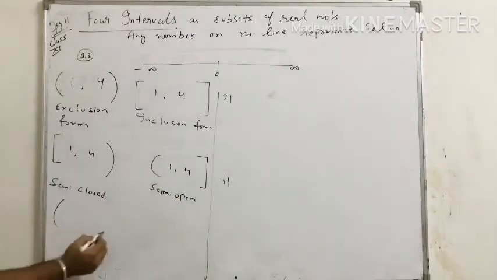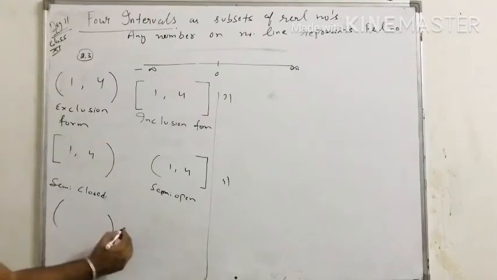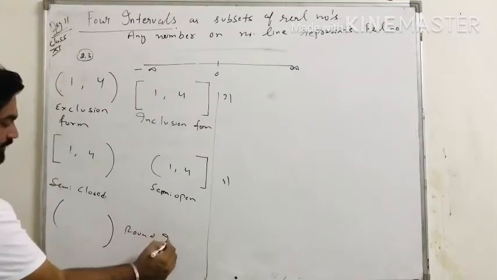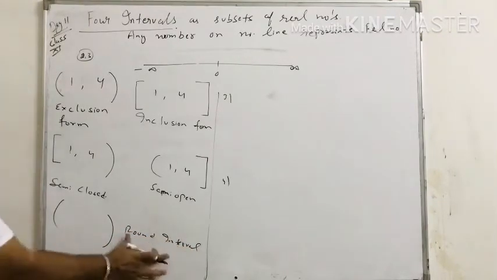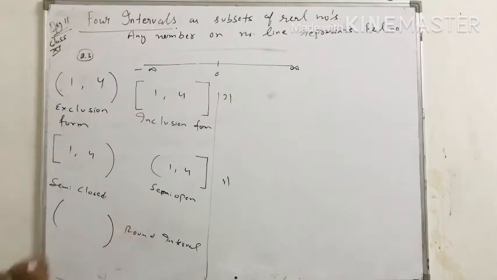So whenever there is a round interval, use this round interval whenever the sign is less than or greater than. And whenever there is a square interval, we use less than or equal to or greater than or equal to.